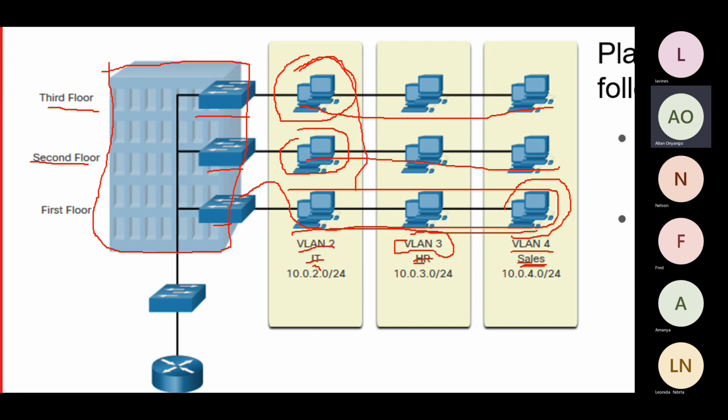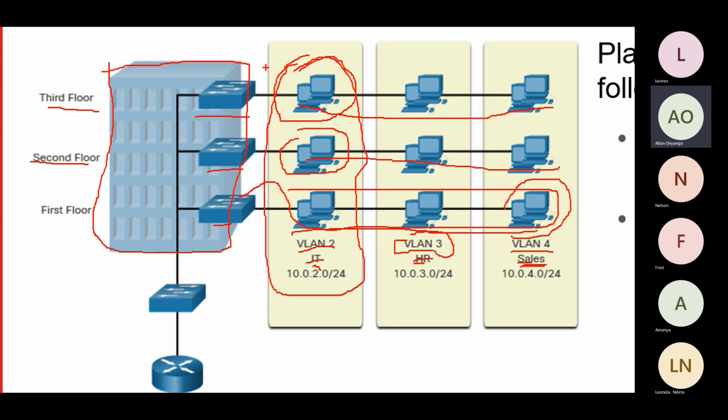Only PCs on the same VLAN will receive the message, regardless of the floor and regardless of the switch where they are. Very important. So the only time PCs on VLAN 4 can receive a broadcast message is when one of the PCs of that VLAN sends a message.